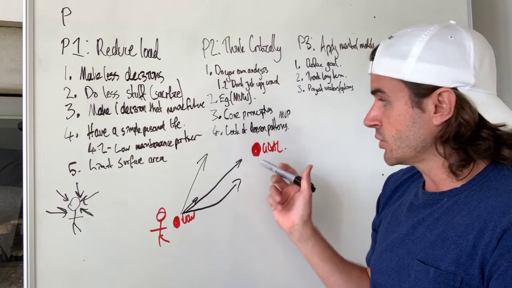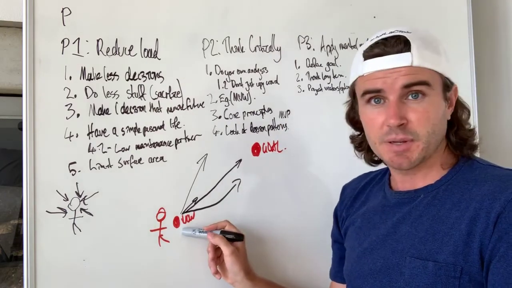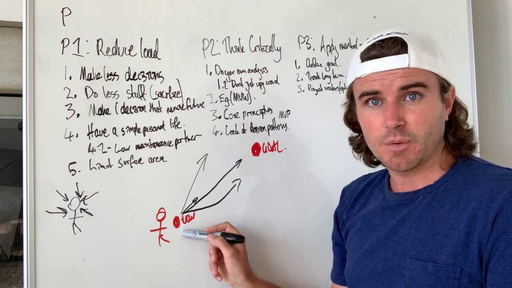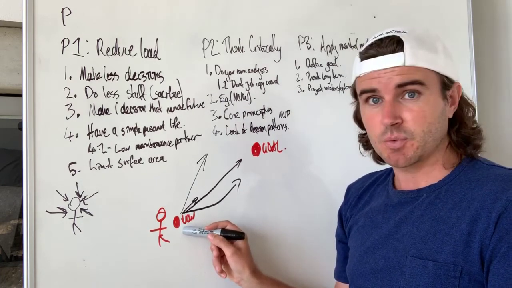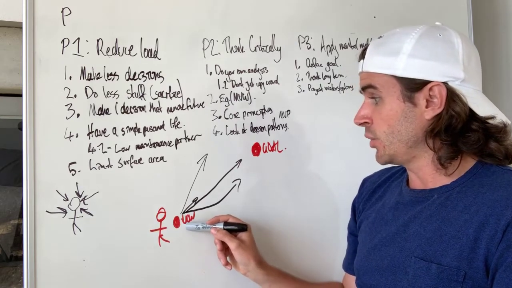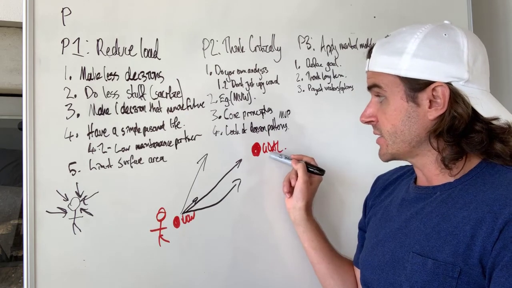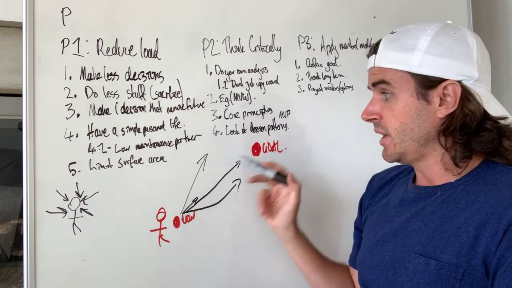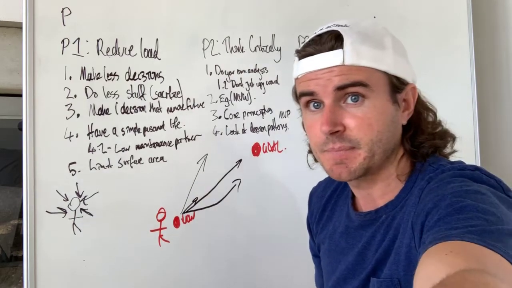Now, you can't even do this until you know what your goal is. You also can't do it until you're completely honest with where you are right now, right? You have to be totally honest with yourself about your current situation and what you have in inventory. And then you have to be clear and decisive about this long-term goal. And then you start to map these things out, right?